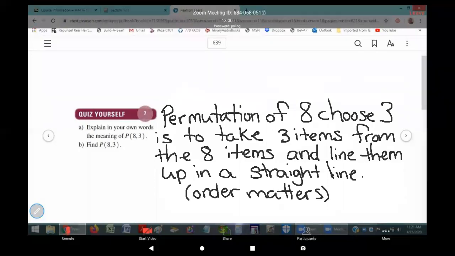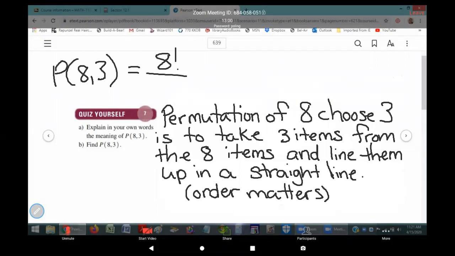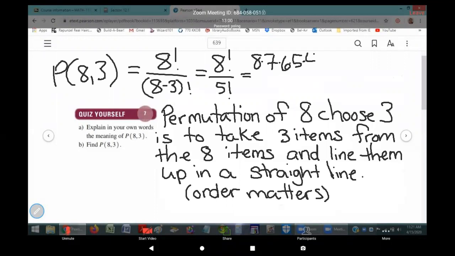The permutation of 8 choose 3 in our notation is 8 factorial over 8 minus 3 factorial, which is 8 factorial over 5 factorial. Expand and cancel.